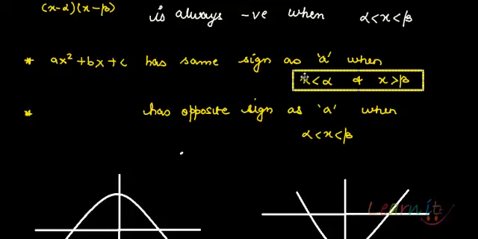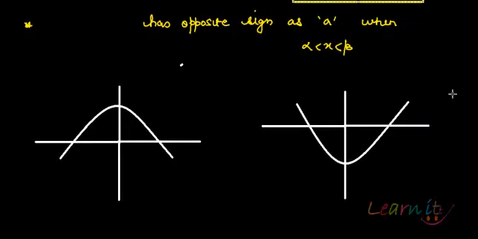Okay, you will have the same sign as a, and you will have an opposite sign in case x lies between alpha and beta. So when a is less than 0, you will have an inverted parabola. When a is greater than 0, you will have an upward parabola.